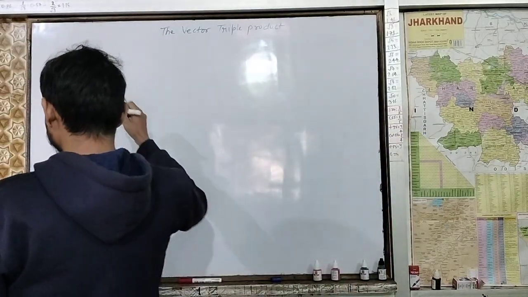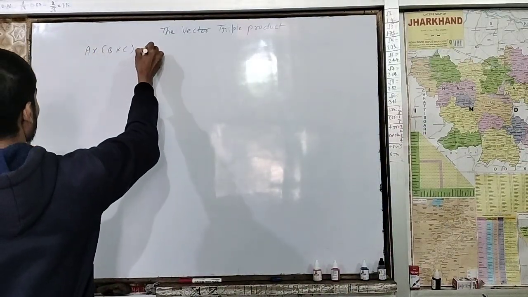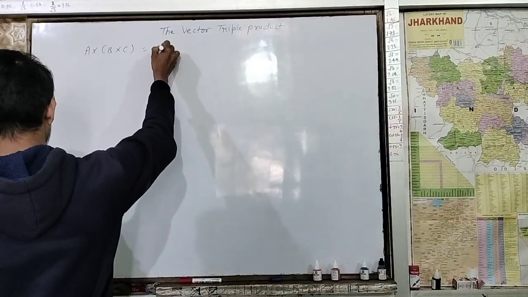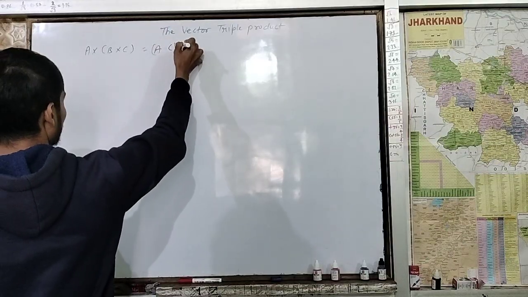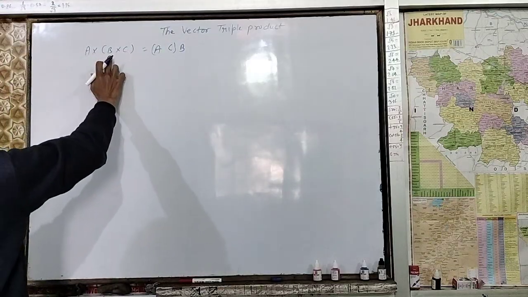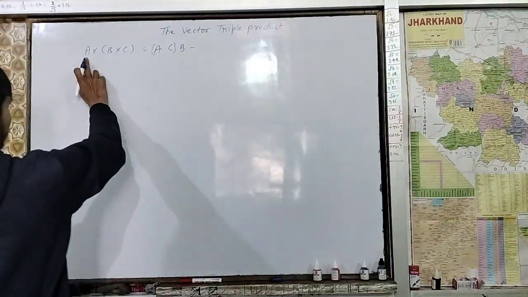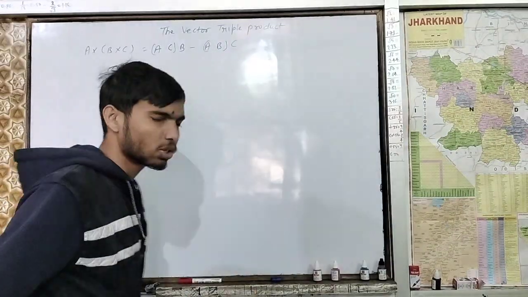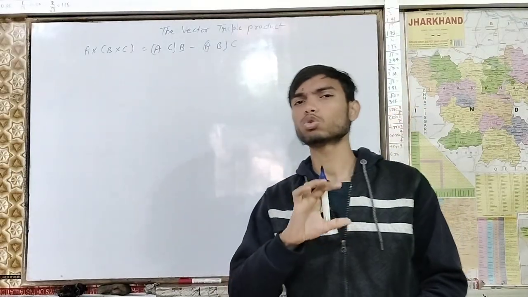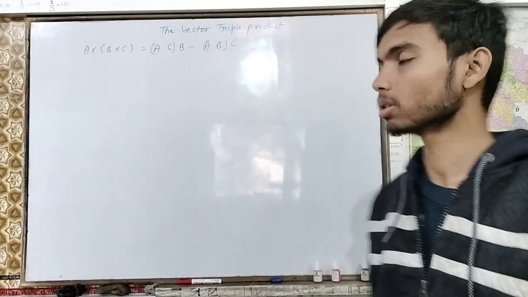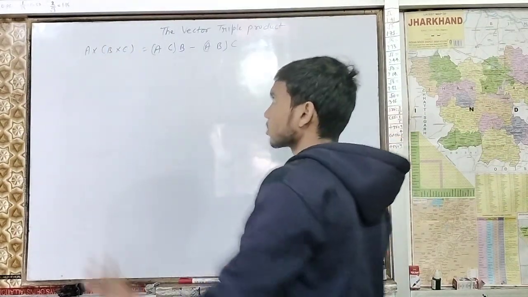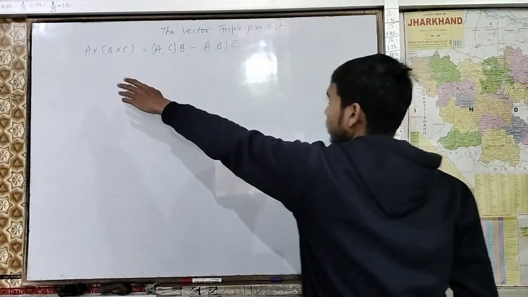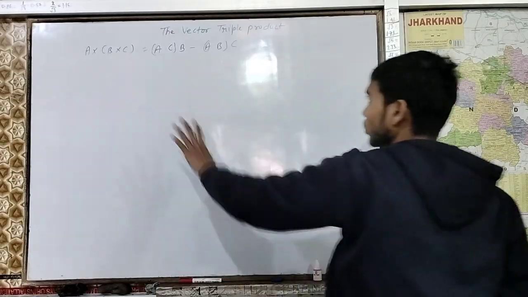The formula for it will be A cross B cross C, which is equal to A dot C into B minus A dot B into C. This is a formula which will provide a short method to bring the answer.